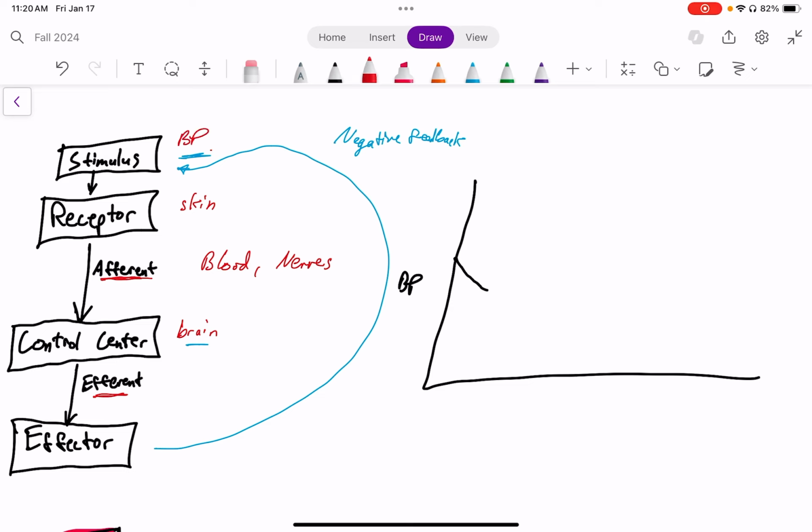They see that the blood pressure is going down, and so they send a signal to the brain. The brain then sends a signal back to the blood vessels, and they constrict, which will increase peripheral resistance, leading to an increase in blood pressure. And we can assume the set point is right around here.